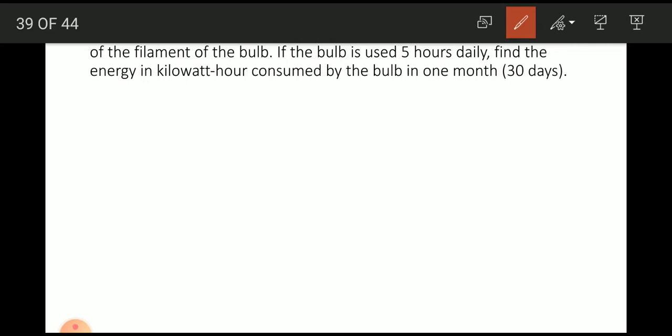So you will use the formula. We have to find the energy consumed in kilowatt hour.